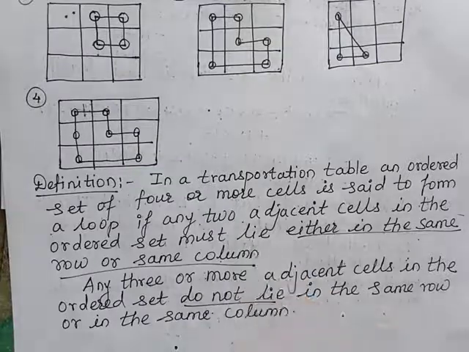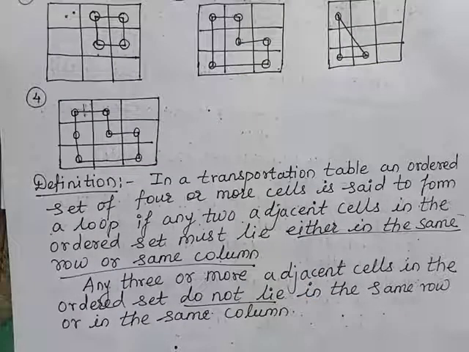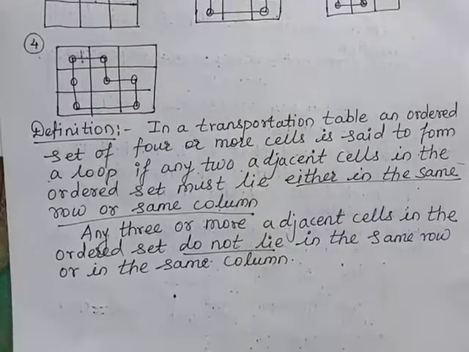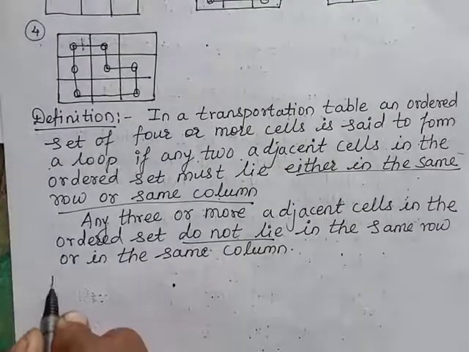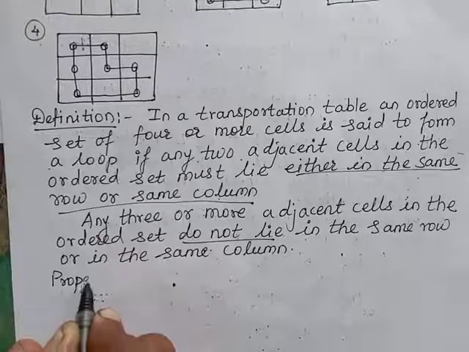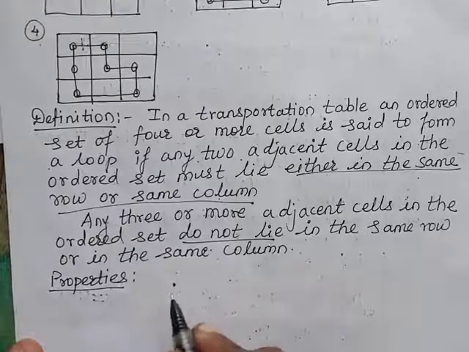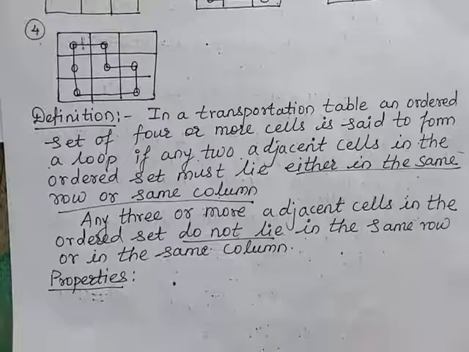So from these things, now I have written the properties of loop. So let me write them. Properties: if these properties are satisfied, then it will be a loop. Otherwise, it is not a loop. Now, this is an important thing here.